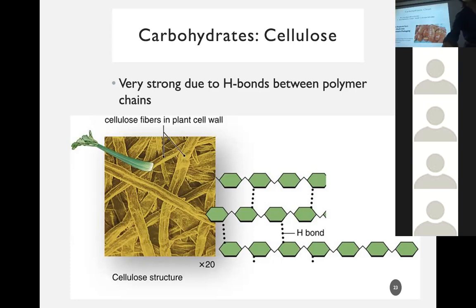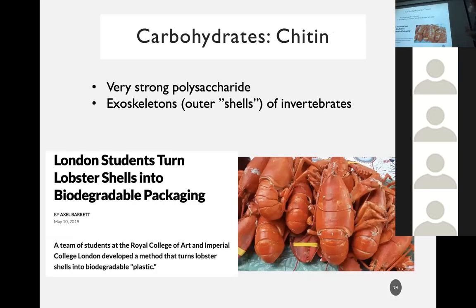And then chitin. Since I study invertebrates, I think chitin is particularly important. It's a really strong polysaccharide. It makes, like I said, the outer shells or exoskeletons of invertebrates. So these lobsters here have a lot of chitin in their shells. I found this really interesting article, I think last fall, about students taking those lobster shells, because they're really tough, and making them into biodegradable packaging.